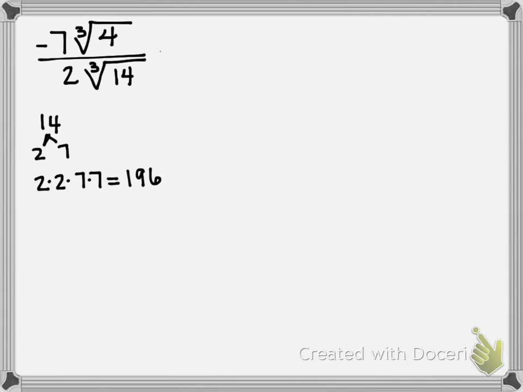So I'm going to multiply the expression by 1, by multiplying by the cube root of 196 over the cube root of 196. In this manner, we have the following. You see?